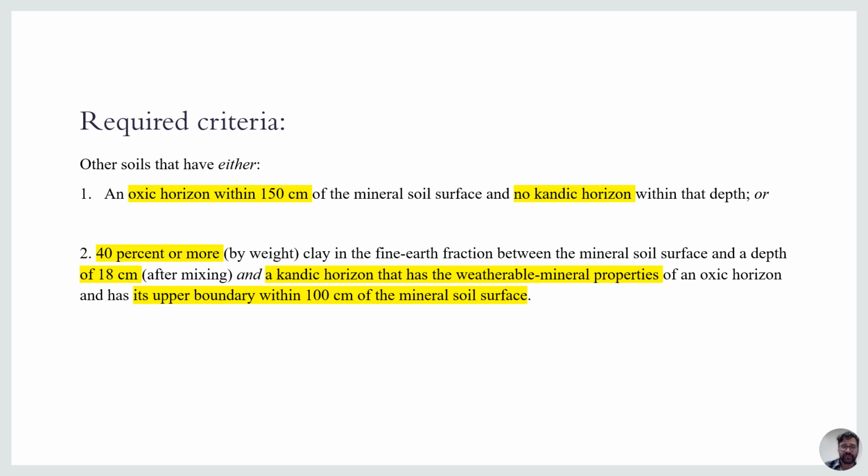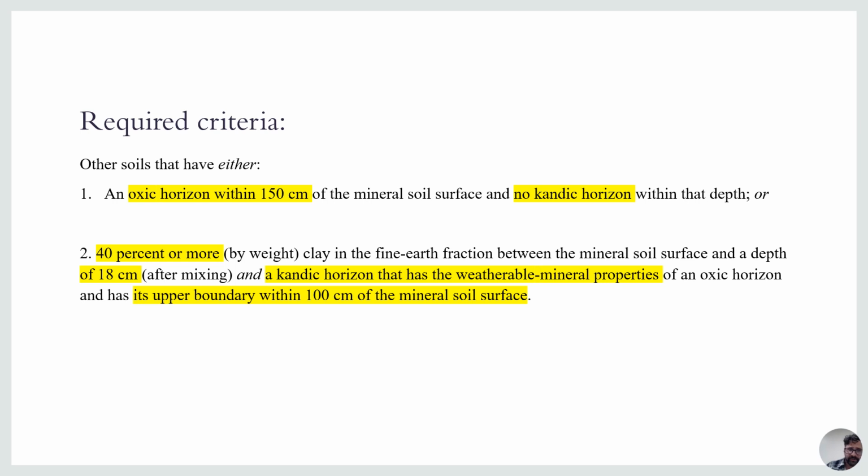So to classify an oxisol, I should know that this specific soil profile cannot fulfill the criteria to be classified as a gelisol, a histosol, a spodosol, or an andisol. Okay, and beyond that, this soil should present an oxic horizon in the first 150 centimeters.